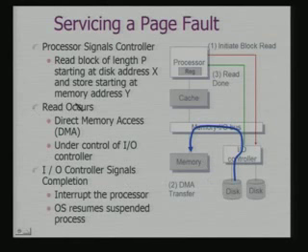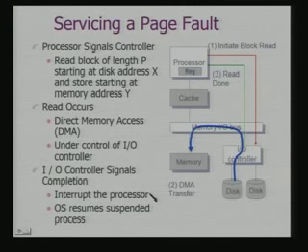In fact, where it will go into the memory is provided by the exception handler. Once the DMA is over, the IO controller interrupts the processor. It generates an interrupt telling that the DMA process is complete. So, once the DMA process is complete, now the page is in memory. So, the process which was suspended because it generated a page fault exception can now be resumed. Resuming means what? It can be put into an active or ready queue.